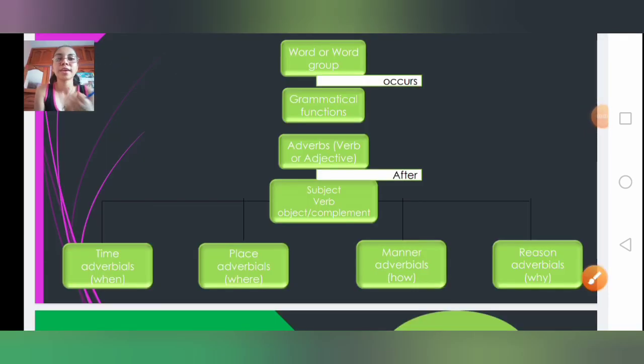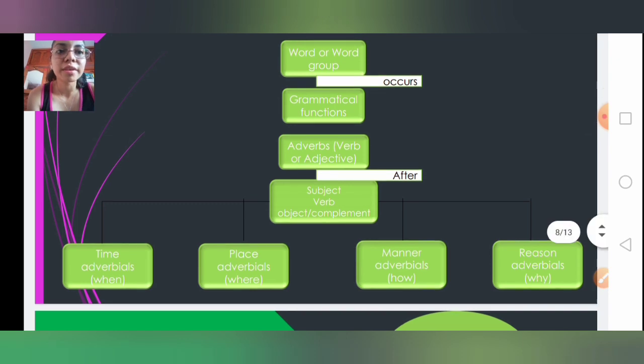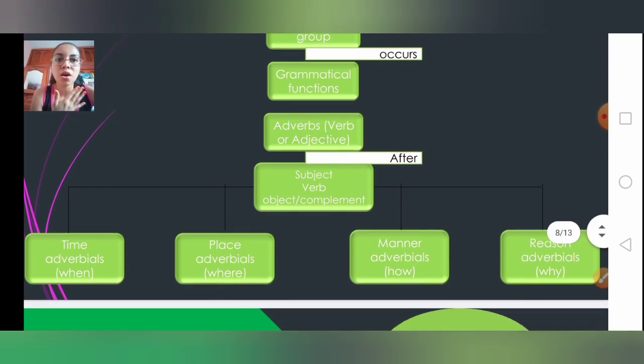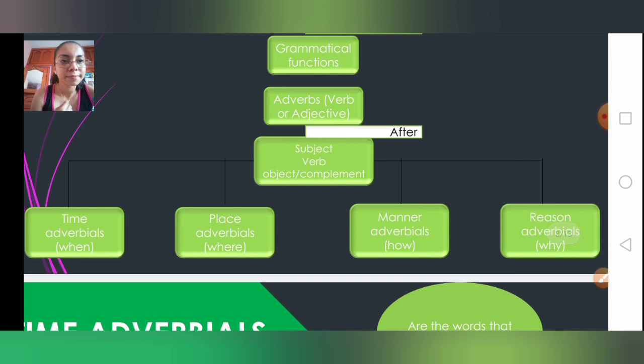The third topic is adverbials. Well, an adverbial is a word or word group that occurs in grammatical functions typically of adverbs, right? So it has the same functions as an adverb, a word that modifies a verb, adjective, or other adverb.